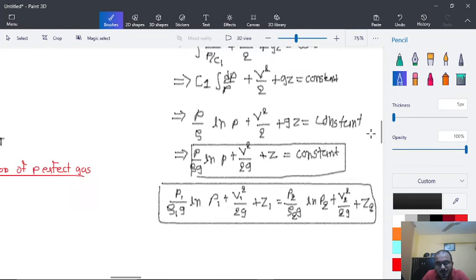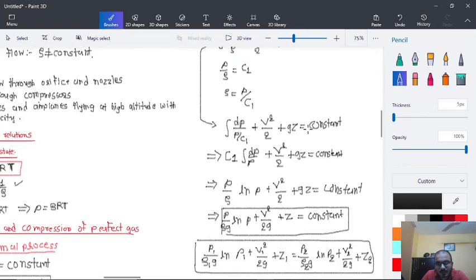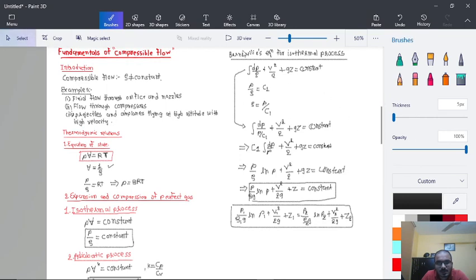So that is the equation. So this is for the isothermal process. Let's copy this.